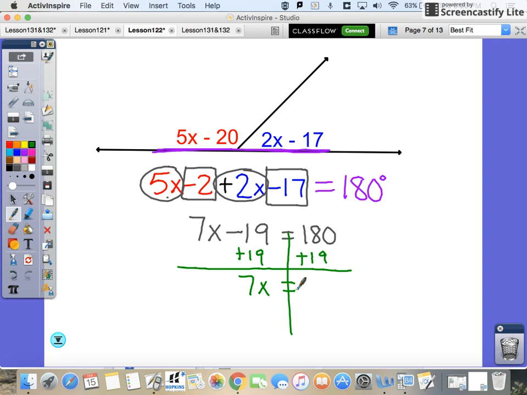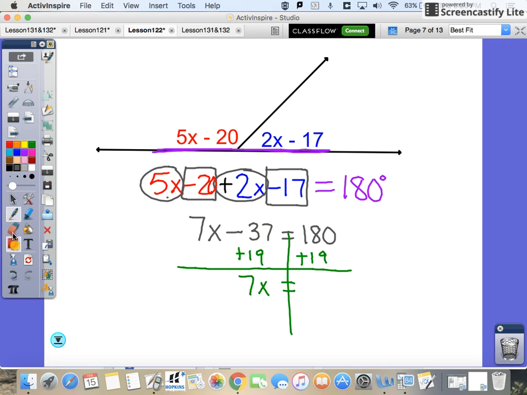7x equals, oh, guys, sorry. This seemed weird to me. This is supposed to be a 20. Sorry, I copied it wrong. This is 20. Negative 20 and negative 17 is negative 37. Sorry, I gotta erase this. So it's negative 37.